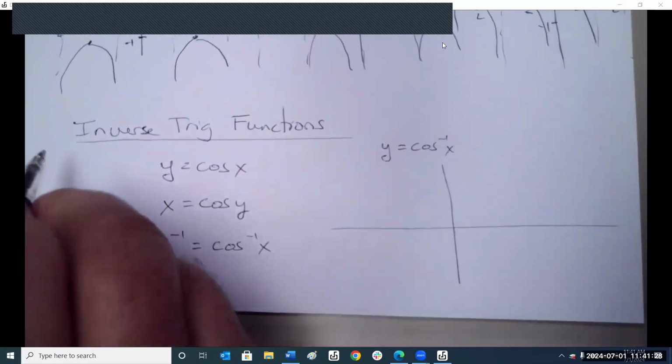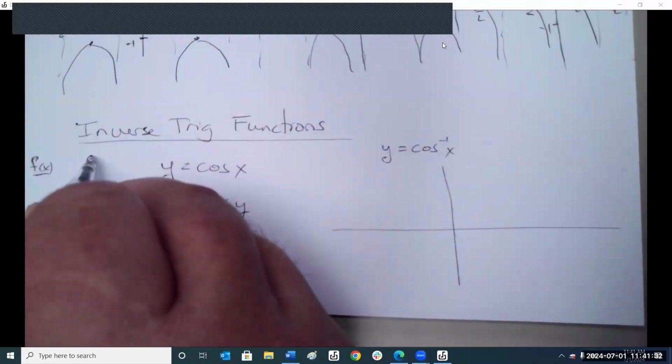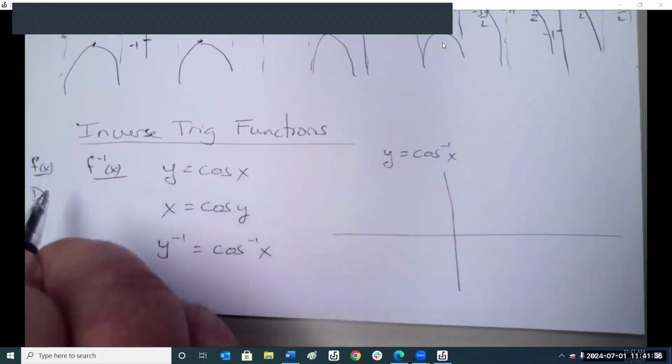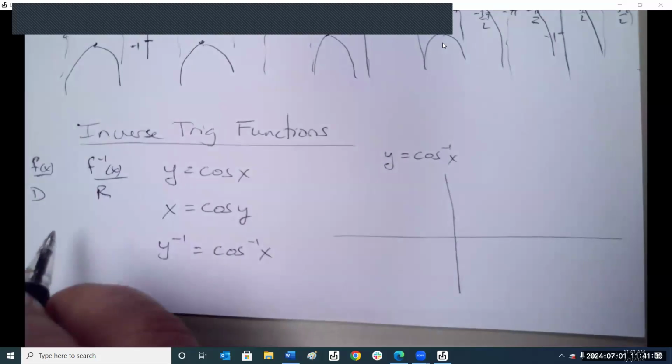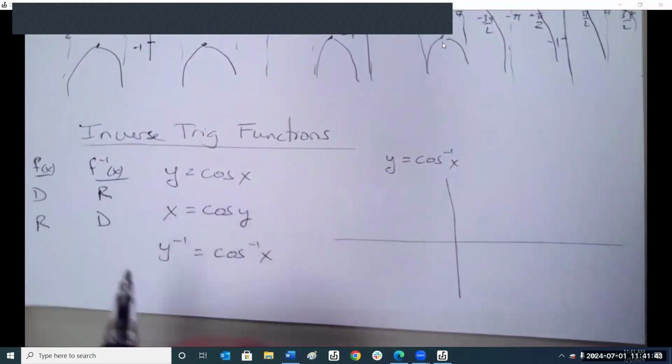Remember, in inverse functions, the domain of the original function is the range of the inverse, and the range of the original is the domain.